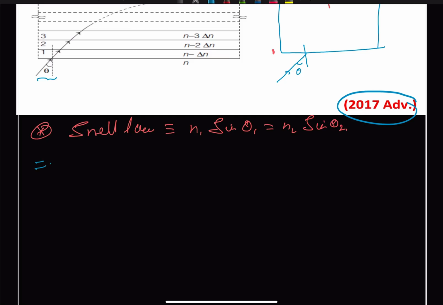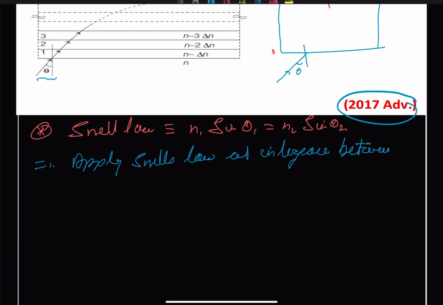And for this particular problem, we apply Snell's law at the interface between the initial medium and the mth medium, or we can say the mth slab. Therefore, accordingly, we can modify it.